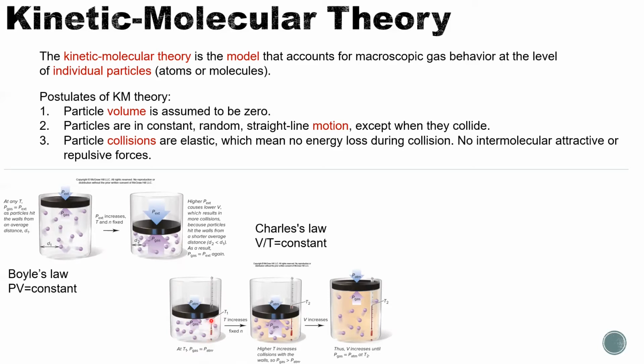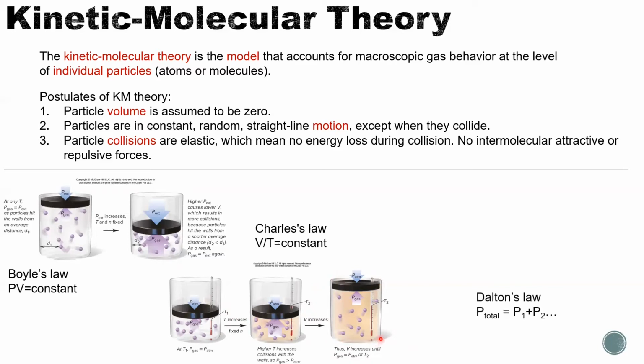When they move at a higher speed, they hit the wall stronger than before, and that will be the driving force to move this plug to a higher position to maintain the same pressure. So in this case, the volume will increase accordingly.